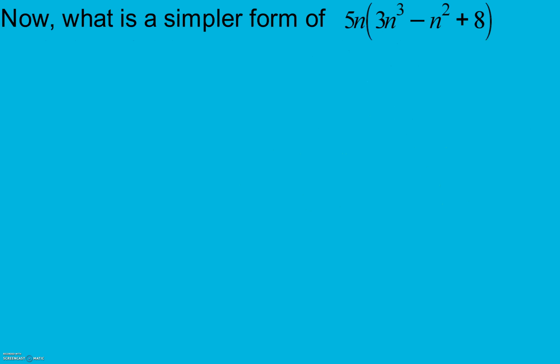Feel free to pause here and give this a try if you'd like. We're going to take our 5n times everything inside our parentheses. Because we're multiplying, in order to get rid of my parentheses, I have to distribute and multiply all the way through. So I'm going to take 5n times 3n cubed.